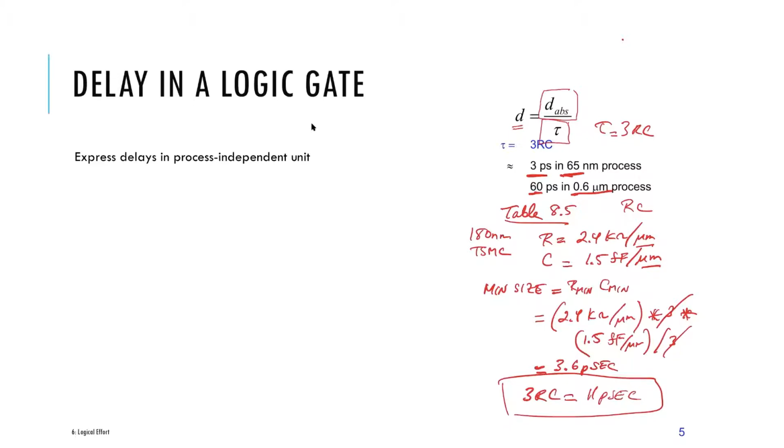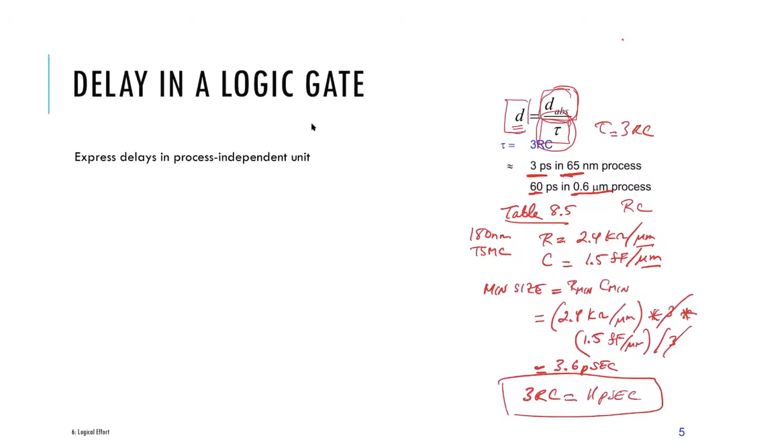But because we're taking the absolute delay of whatever stage we're calculating and dividing it by this RC for a particular process, we end up with this process independent delay. So everything's going to be given in terms of D.